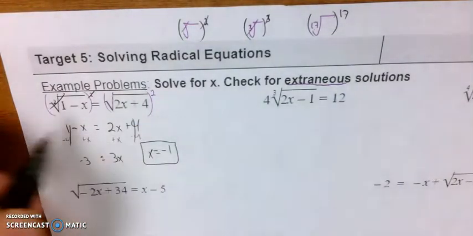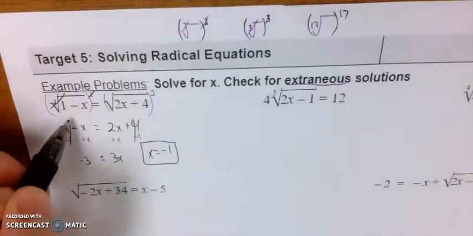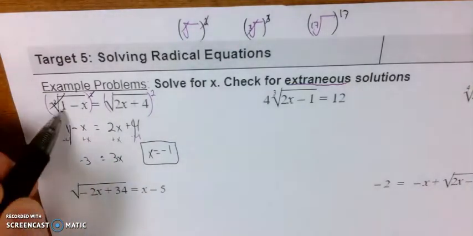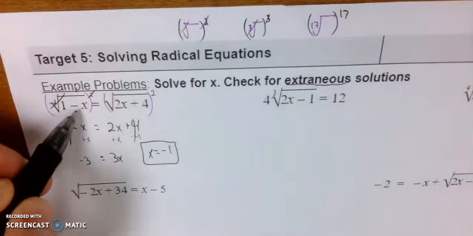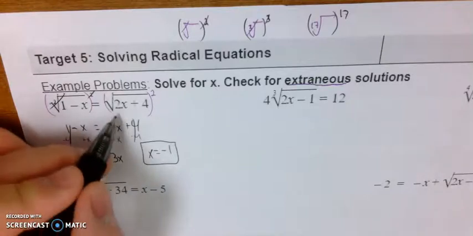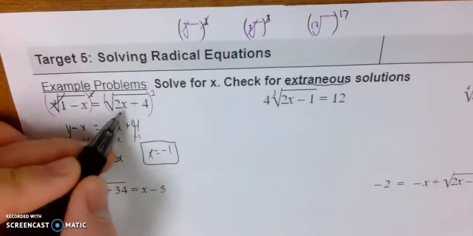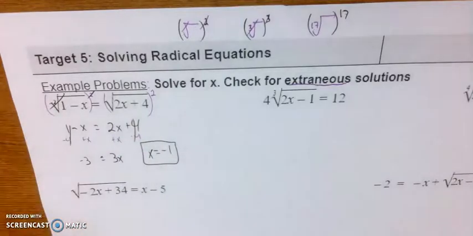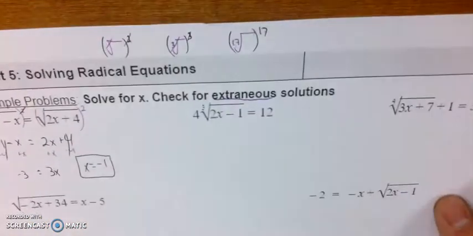But I have to make sure that I'm not going to get a negative value when I plug it back into the original. So if I plugged in negative 1, 1 minus negative 1 is really 1 plus 1, so 2. So square root of 2, is that the same thing as 2 times negative 1, negative 2, plus 4? Yeah, that checks out. Awesome.